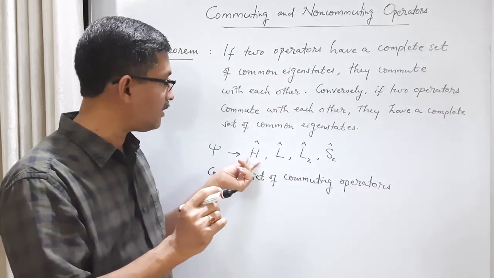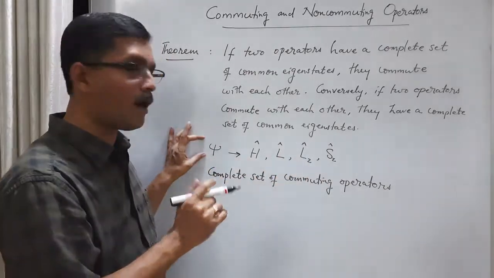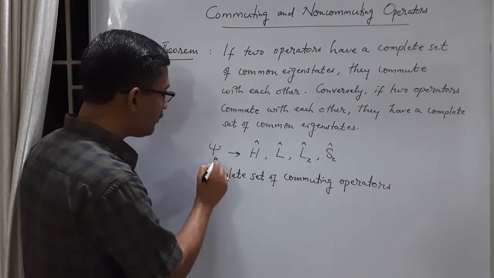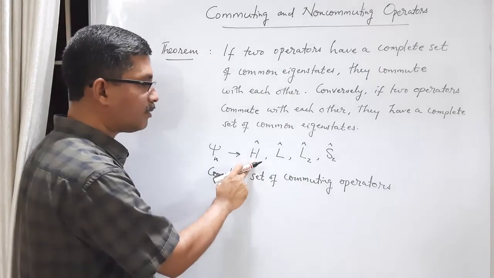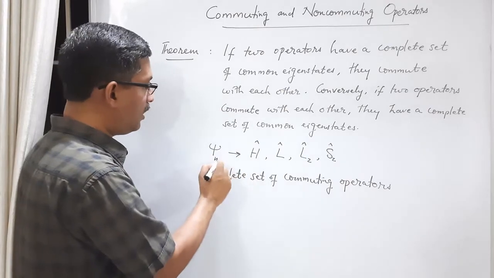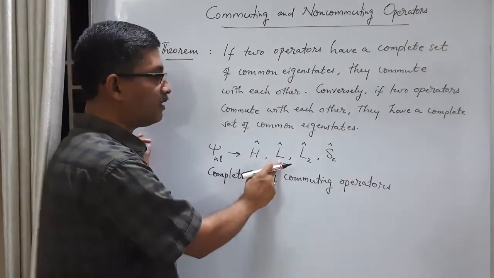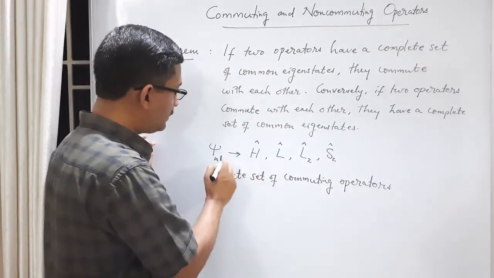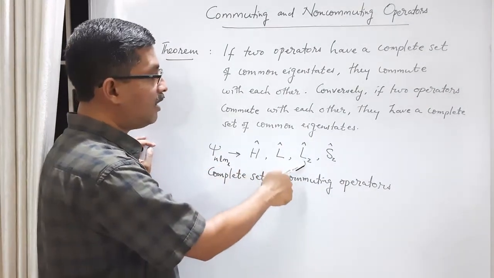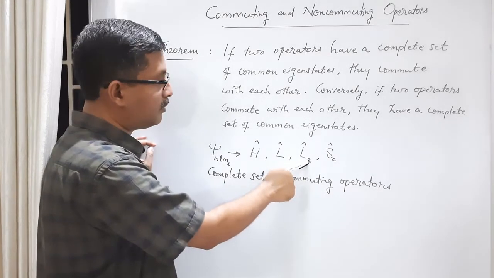So instead of using the entire eigenvalue, we take the quantum number of each eigenvalue and label the state after these quantum numbers. So we use four quantum numbers here. The principal quantum number n stands for the eigenvalue of the Hamiltonian operator, the energy eigenvalue. The angular momentum quantum number l stands for the eigenvalue of the angular momentum operator.